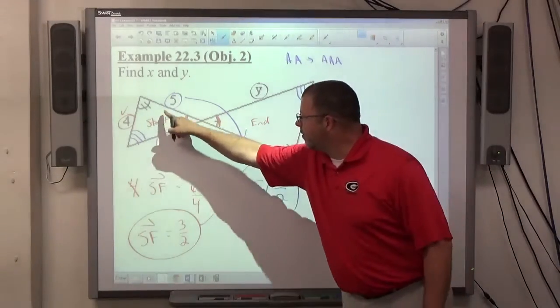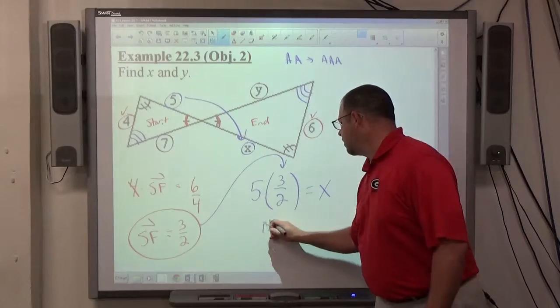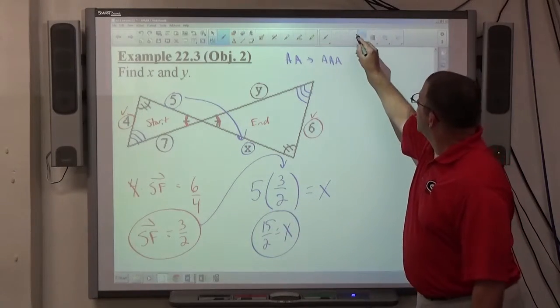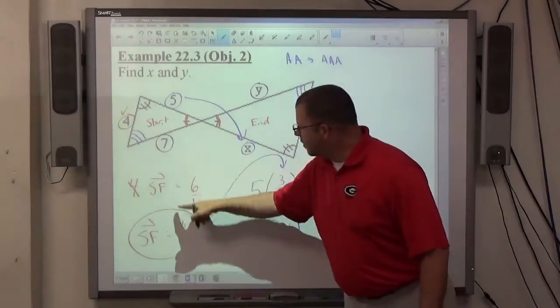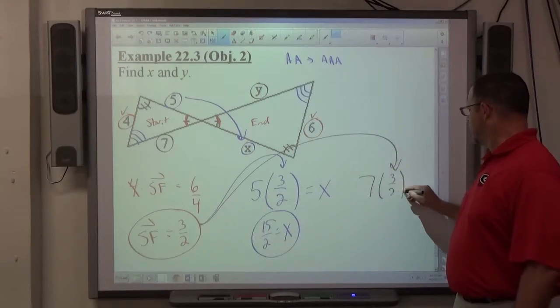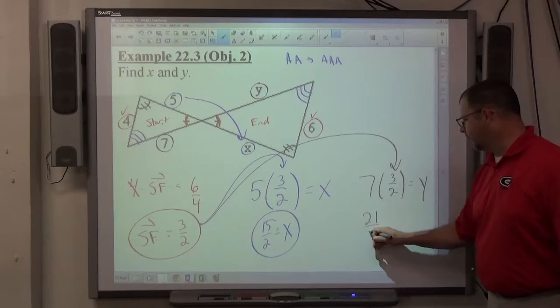Start number 5 times scale factor, we just found out, equals end number x. So 15 over 2 is equal to x. Similarly, with the black ones, start number 7 times the scale factor 3/2 is equal to end number y. So 21 over 2 equals y.